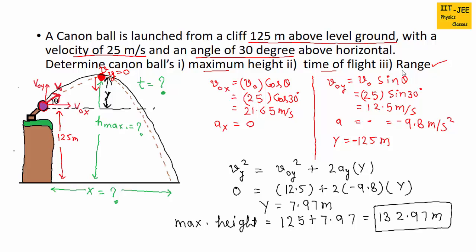The third thing we have to find is the range. Range is the maximum horizontal displacement. That means the ball started from this point. So this is our initial point and this is our final point. The horizontal distance from the initial point to the final point would be the maximum horizontal displacement, and that would give us the range. For range we will use the displacement formula, this one: x equals v0x times t plus half ax times t squared.